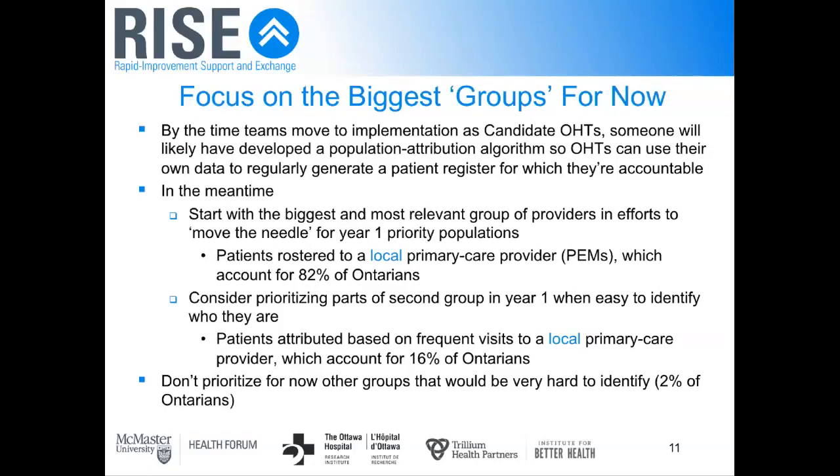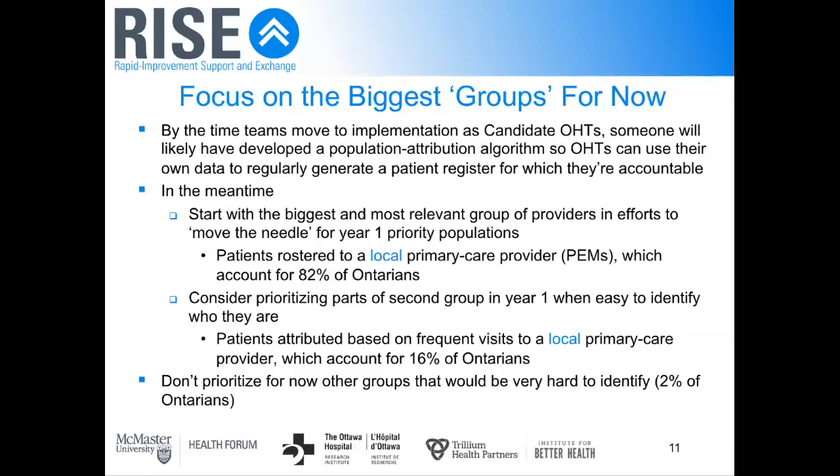So again, there is no current plan that we're aware of to share an individual listing from the ministry to teams. But one can imagine that, using the methods that were used to generate these attributed populations, with the right algorithm, the teams could approximate the creation of that patient register.